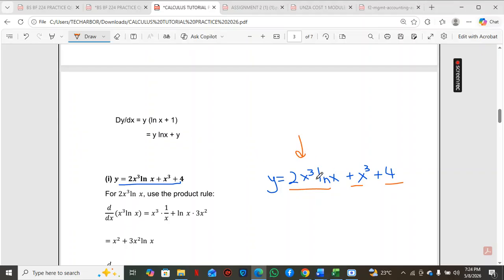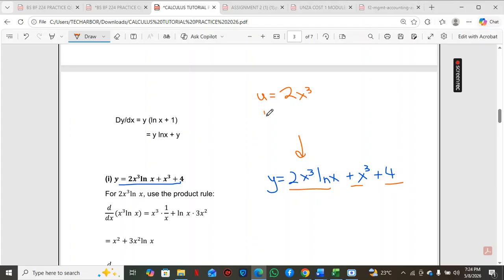We're going to use the product rule. Why? Because there are two different terms. 2x cubed and natural log of x are two different terms. So we're going to use the product rule. Remember the product rule, you pick your u, you say, okay, my u in this case is 2x cubed.